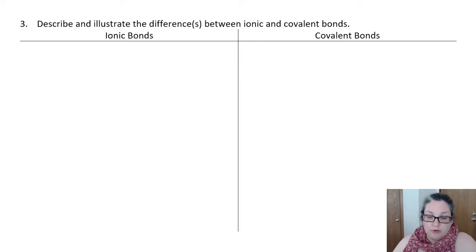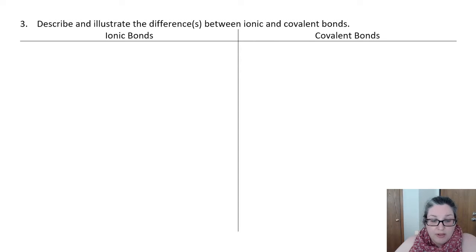The last question I'm going to go through for the homework, because the rest is about that graph, is the difference between ionic and covalent bonds. Now, they are very distinct types of bonds, and they do different things. The most important difference is how the electrons move.